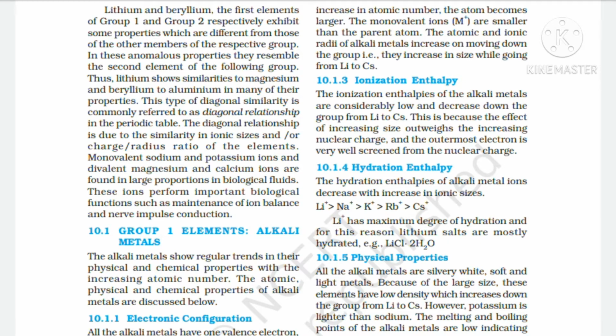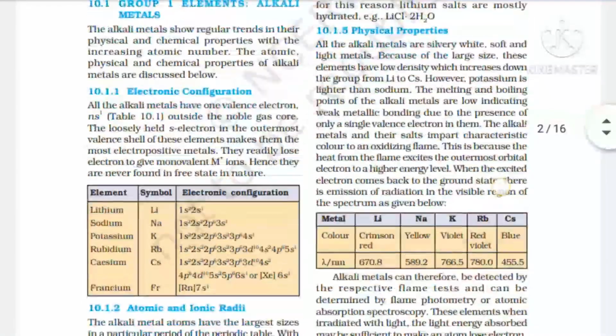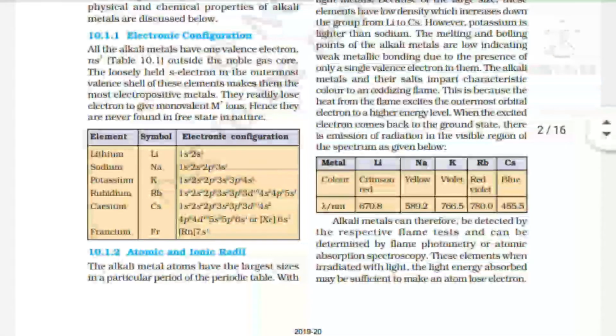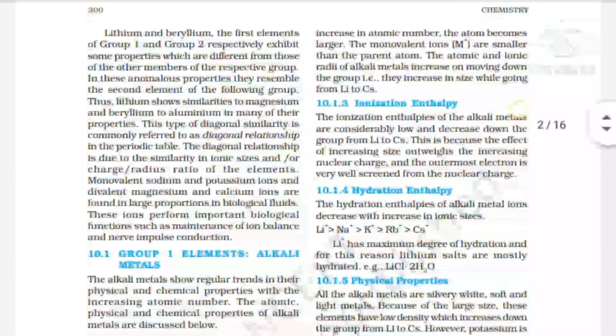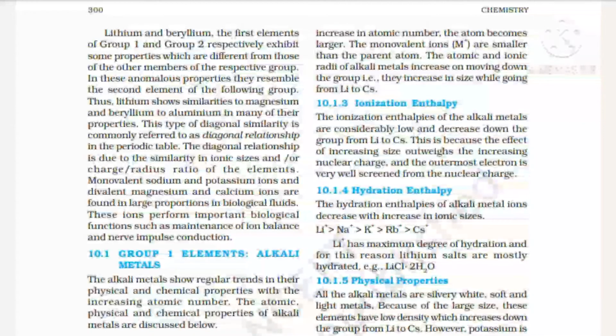Then atomic and ionic radii. The alkali metal atoms have the largest size in a particular period of the periodic table. With increase in atomic number, atoms become larger.